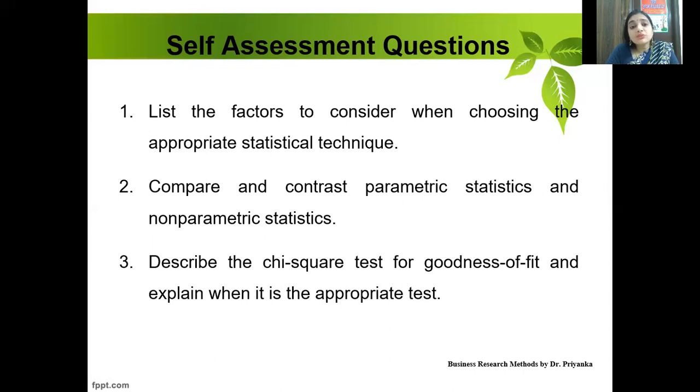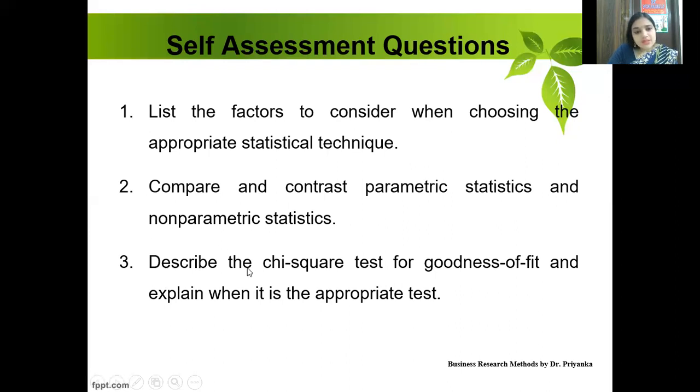So in case of non-parametric test, we do not assume that we will be having normal distribution of the data. If you have collected data with the help of nominal or ordinal scale, you will simply go with non-parametric test. Or if you have collected data with the help of interval or ratio scale, then you will be going with parametric test. But before that, you will be checking whether the data is normally distributed or not.